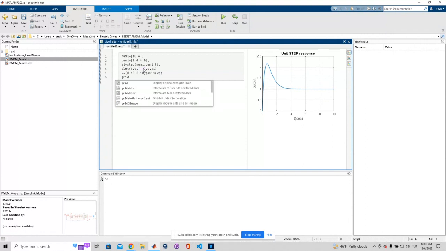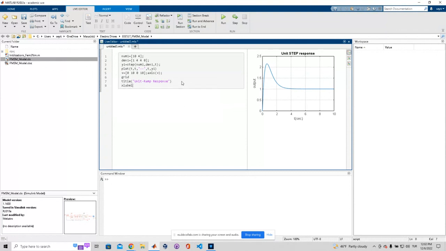Now you add your grid, and then you can add your title here, which will be unit ramp response.